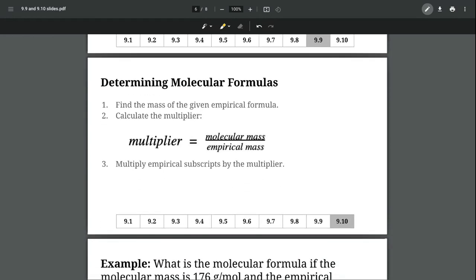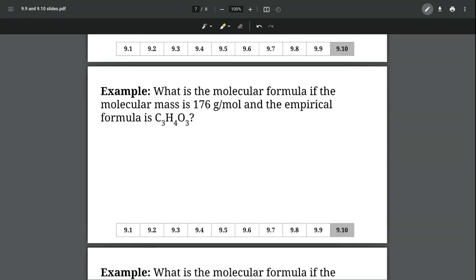And so now how are we going to switch from the empirical formula to the molecular formula if the empirical formula could be multiplied so many times? We're going to find what's called a multiplier, which is just the molecular mass divided by the empirical mass. Let's work with this example. What is the molecular formula if the molecular mass is 176 grams per mole and the empirical formula is C3H4O3? That's nice. They're already giving us the molecular mass, which they will always, and the empirical formula.